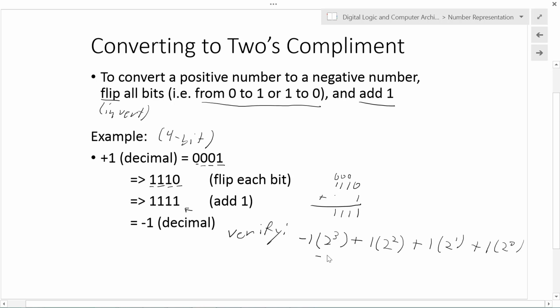This is the same as negative 8 plus 4 plus 2 plus 1. 4 plus 2 plus 1 is equal to 7, minus 8 equals minus 1. And it verifies.